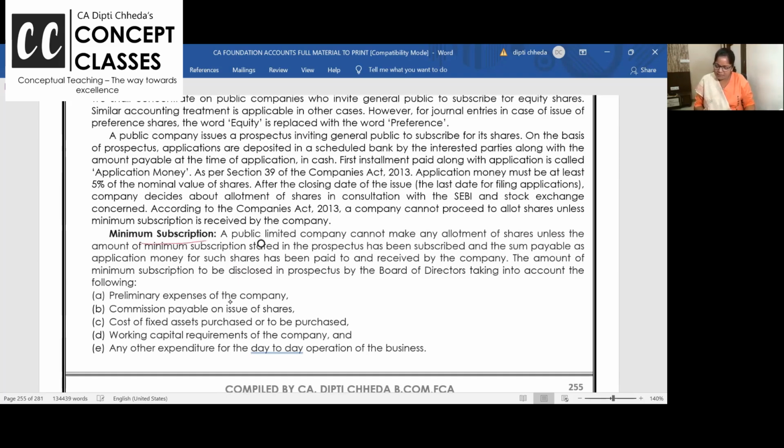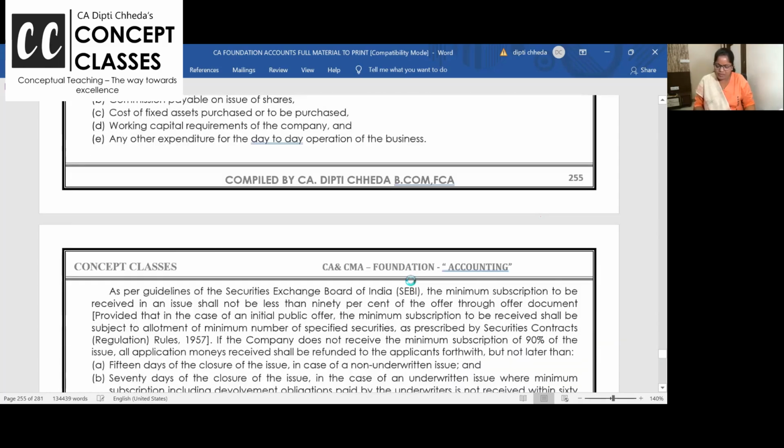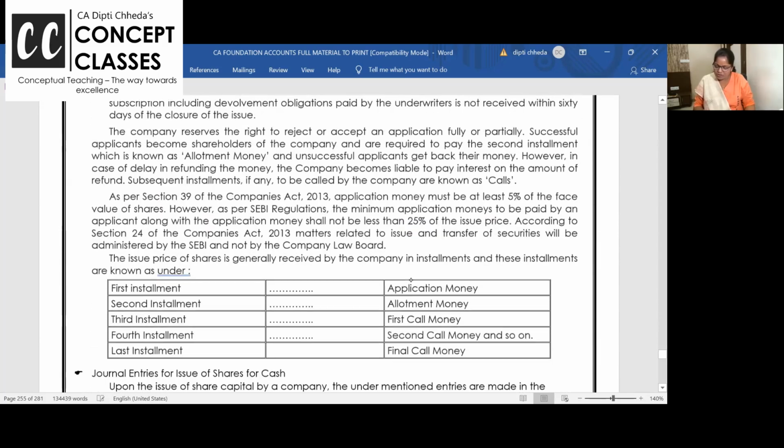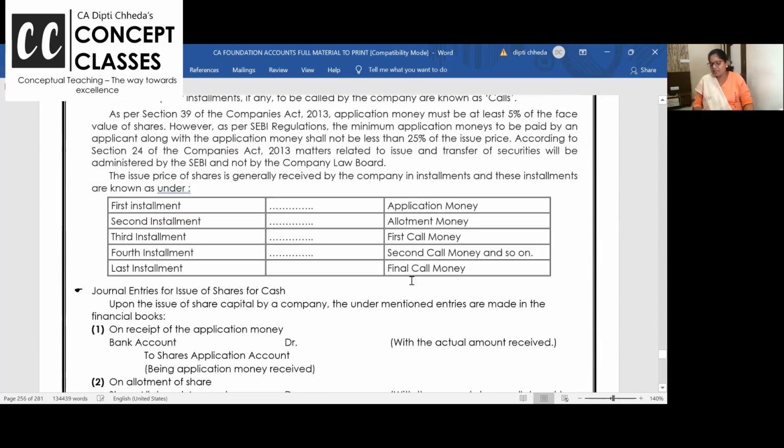Minimum subscription: they must receive that amount, to be disclosed by the board taking into account the preliminary expenses, the cost of it. कम से कम minimum subscription आना है. With application, you can make one call, then allotment, then first call, then second call, then final call.